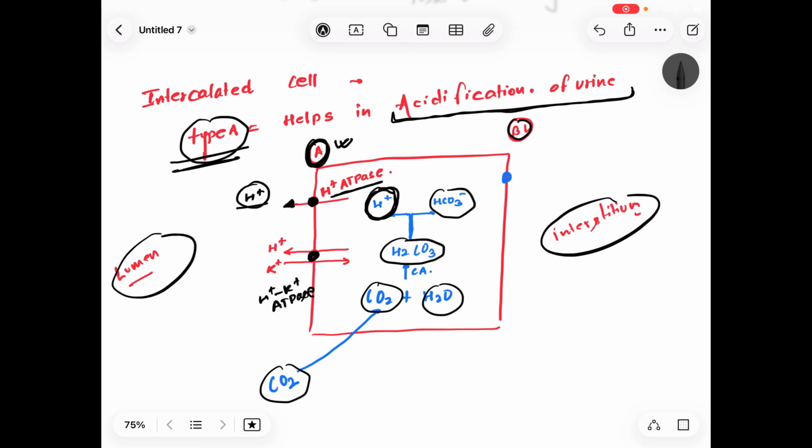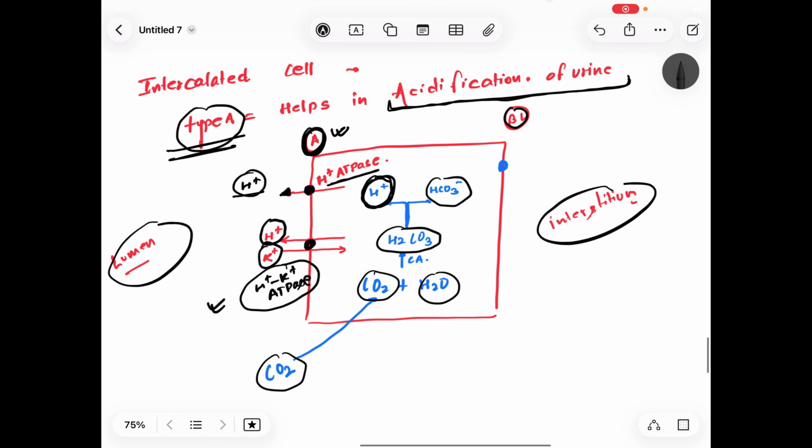One is H plus ATPase, which helps to pump H plus into the lumen, and another is H plus K plus ATPase, which helps to pump H plus and K plus into the lumen. So this part of the nephron is important for acidification of the urine, or helps in excretion of the H plus.